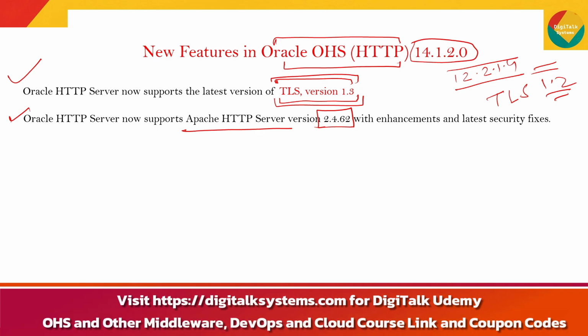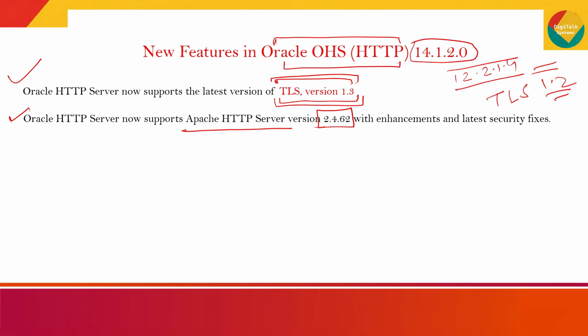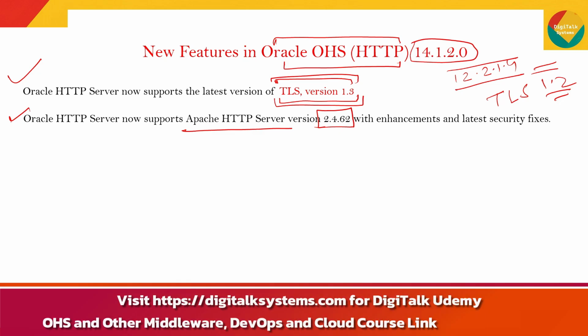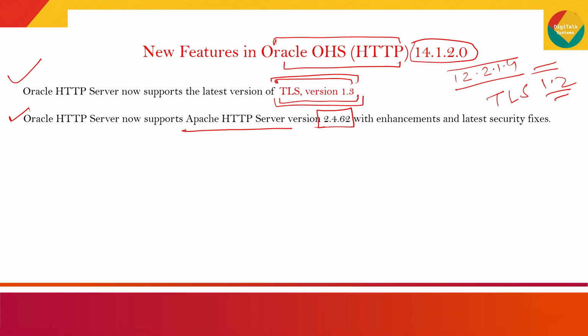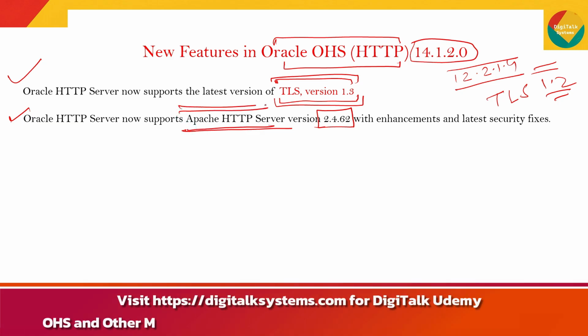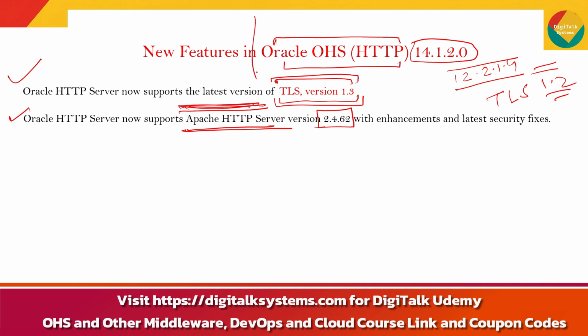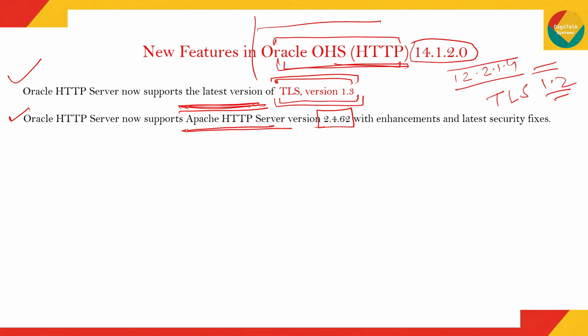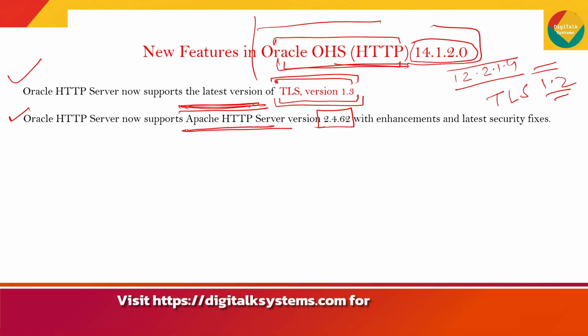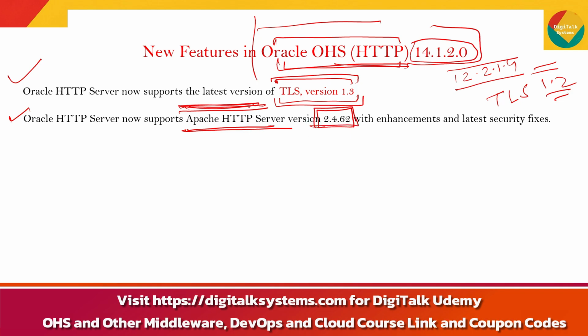So whenever the OHS server is released from Oracle, the corresponding enhancements and new features in the open source versions are built into the latest version of Oracle HTTP Server as well, because it is completely built on top of the Apache HTTP Server, the base web server for your Oracle OHS. The Oracle HTTP Server released in 14.1.2.0 completely supports 2.4.62 with enhancements and the latest security fixes.